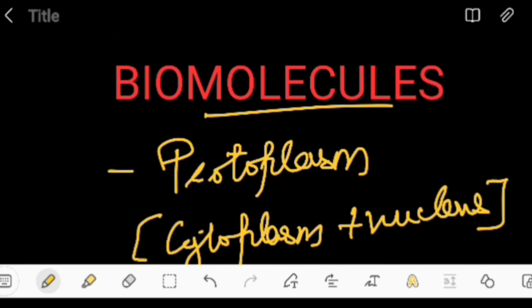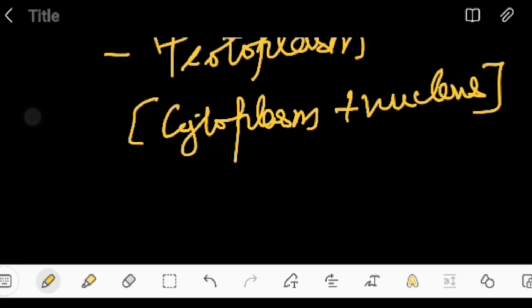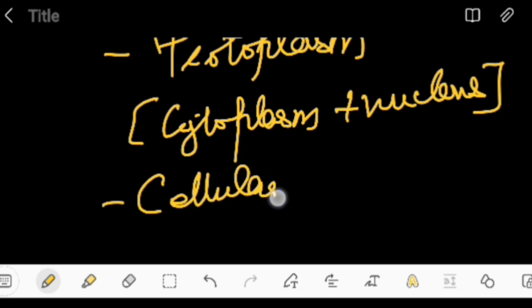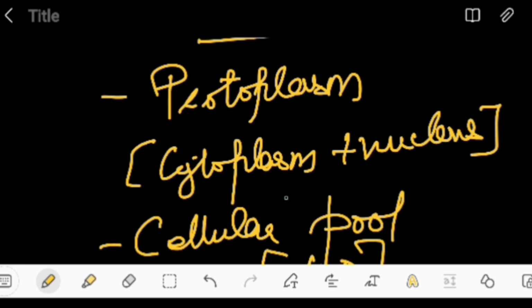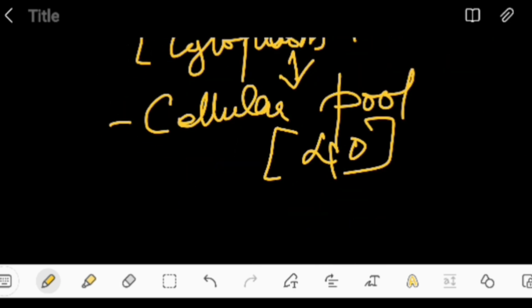So biomolecules are the molecules present in this protoplasm. Now, is there only one type of biomolecule? No. There are many types, and all these biomolecules together form a cellular pool. About almost 40 types of biomolecules are present, and together they form a cellular pool in your protoplasm.